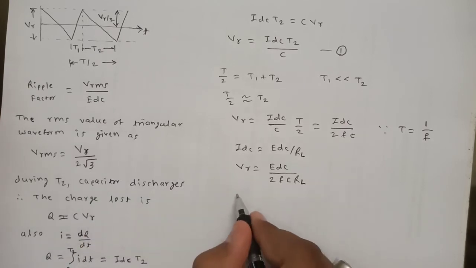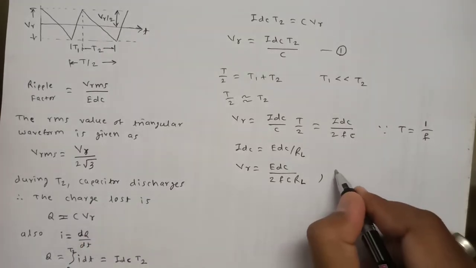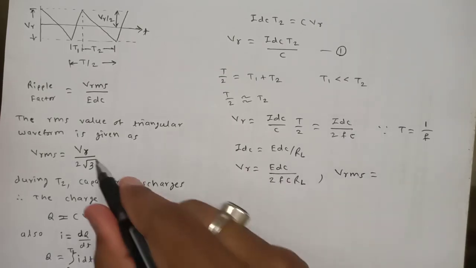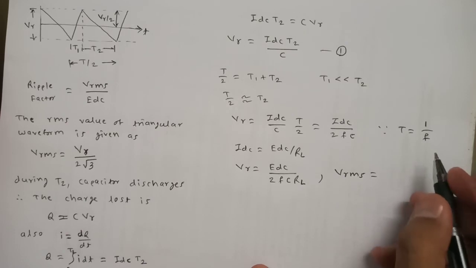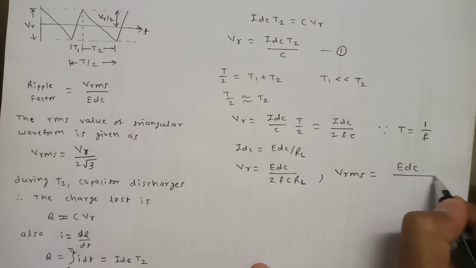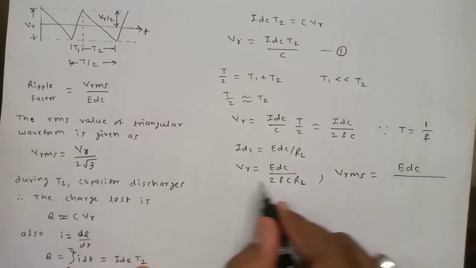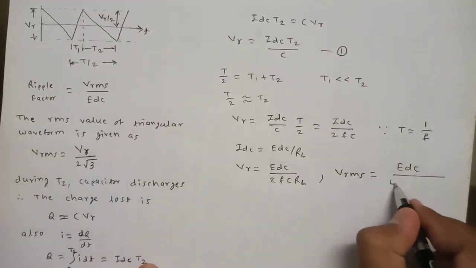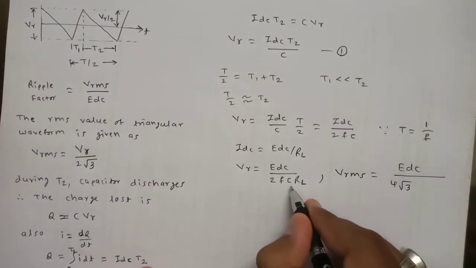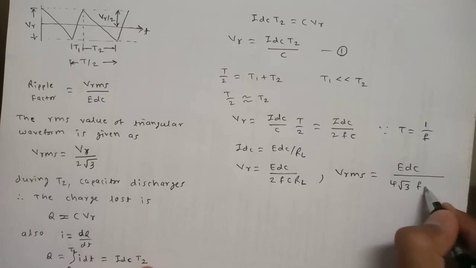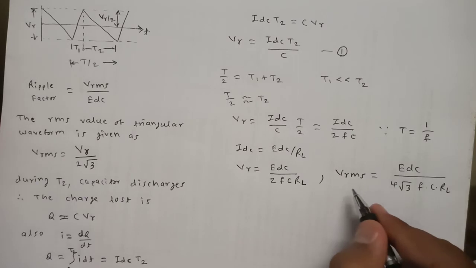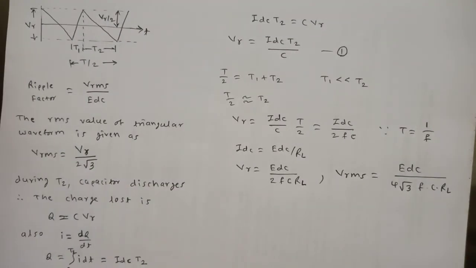So VRMS is simply EDC divided by this 2, and this 2 will make it 4, the under root 3 as it is, and F into C into RL. This is how I have got the equation for the VRMS for this triangular waveform.